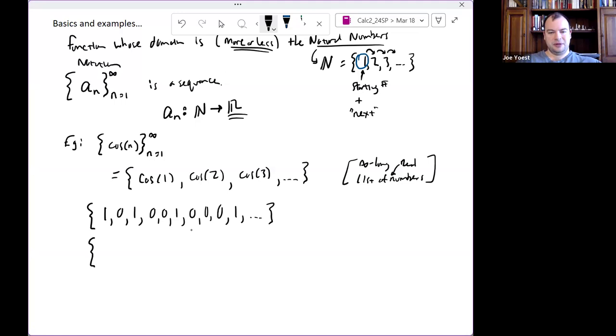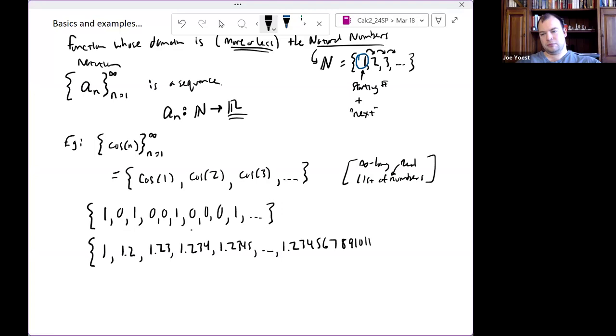Or I might have a sequence like this. So this might be another example of a sequence.